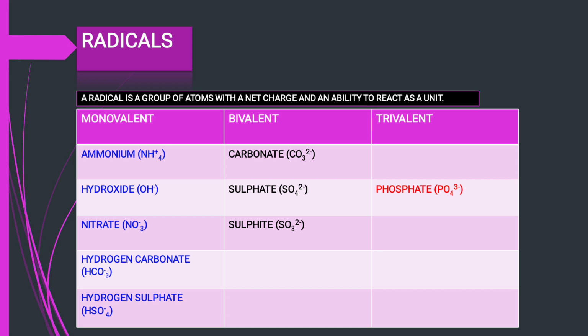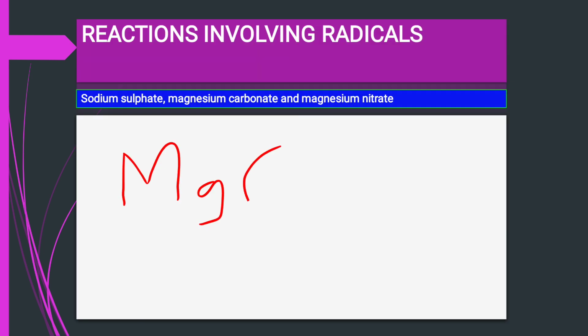Remember, this is the formula of the carbonate radical. So we will take it here and write carbonate with a net charge of 2 negative. And remember that the valency of magnesium is also 2.